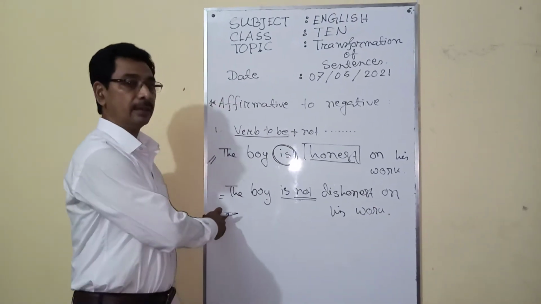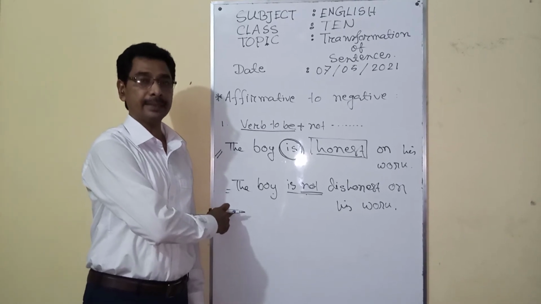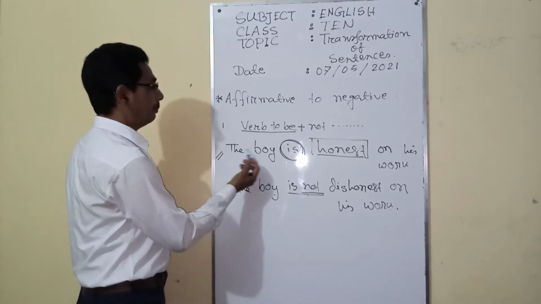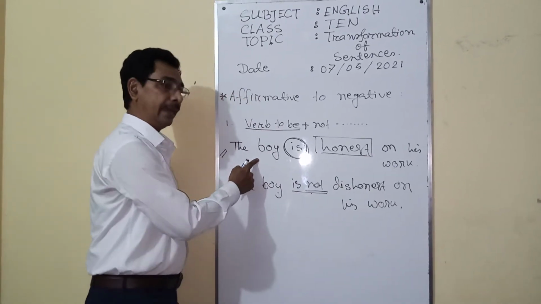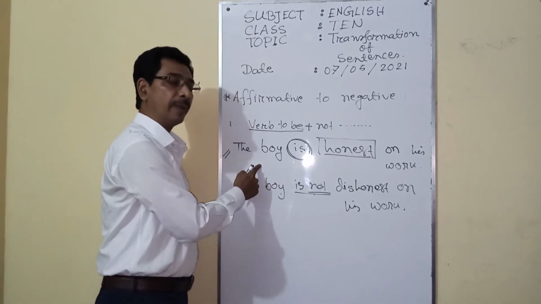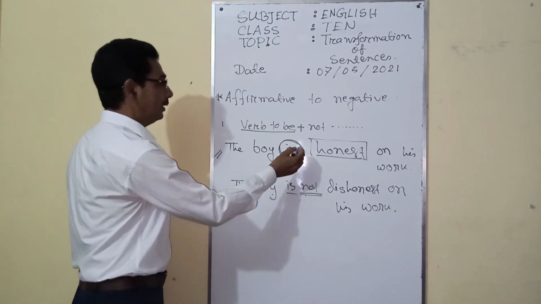Now, this is a complete negative sentence, and I am repeating again. The boy is honest in his work. This is an affirmative sentence, and if you find such a sentence, you have to change it. The boy is not.